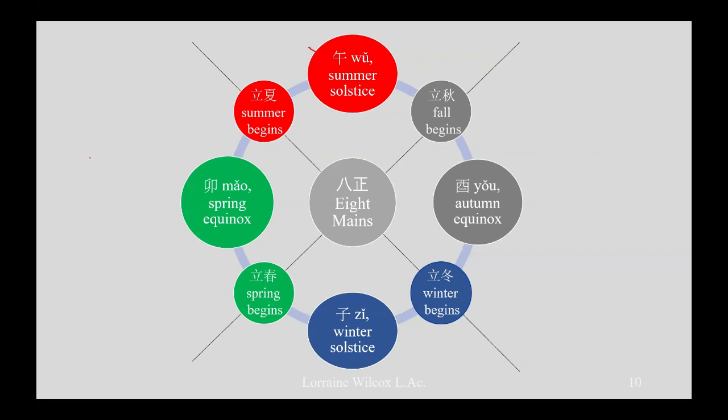So if there's a Chinese medicine recommendation for qigong or for food or whatever, if there's a recommendation for a particular season, you should make sure you know the dates of the season in the Chinese calendar and not use the Western dates for that.